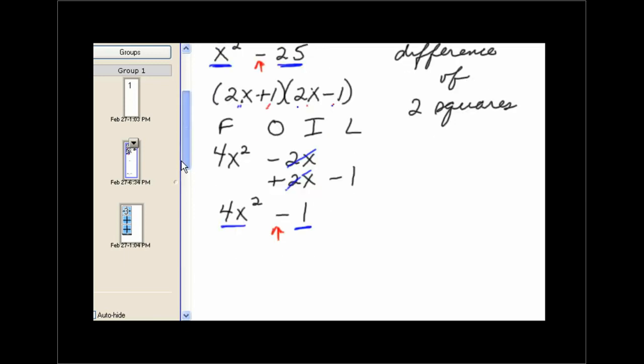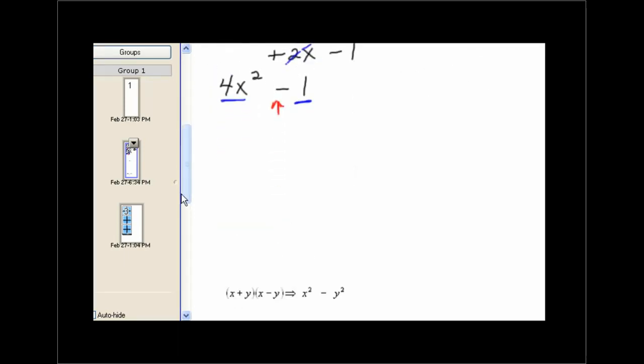Okay. Now, let's do one more example, and that is 3x plus 4 times 3x minus 4. Now, if you see the pattern, then you can just automatically go right to the answer.